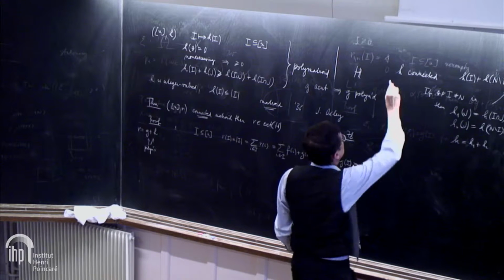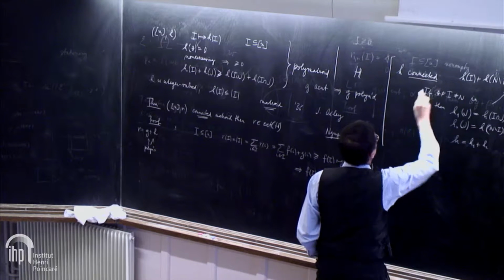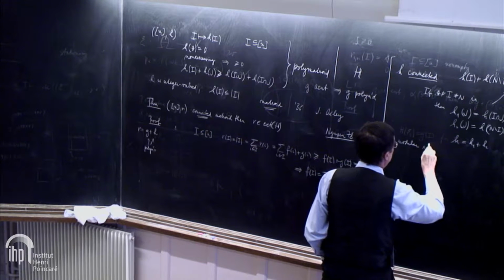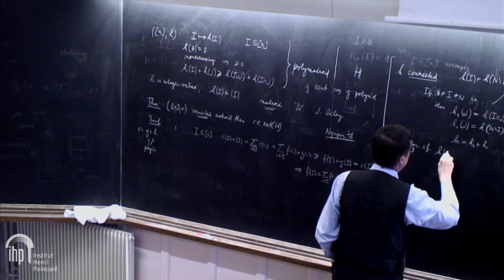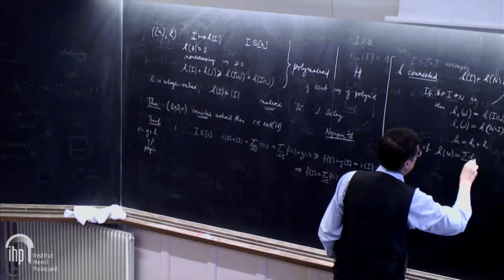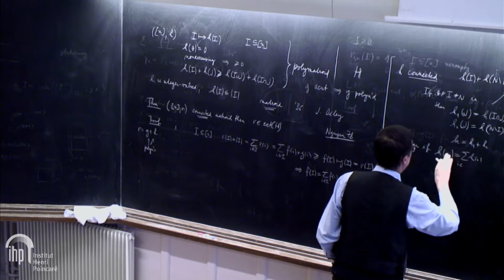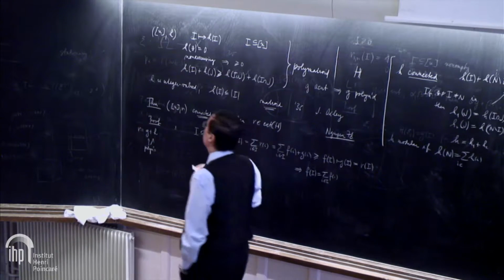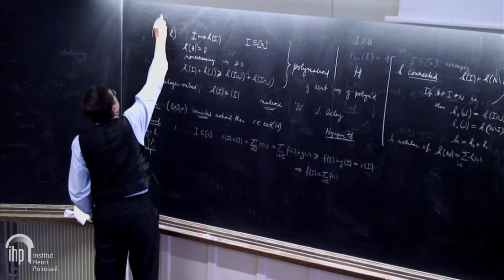Polymatroid is modular, yes, that was connected, and H is modular if Hn is the sum of Hi. Sometimes I write n, because I'm accustomed to capital N.